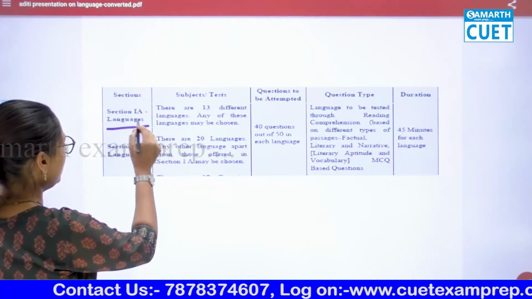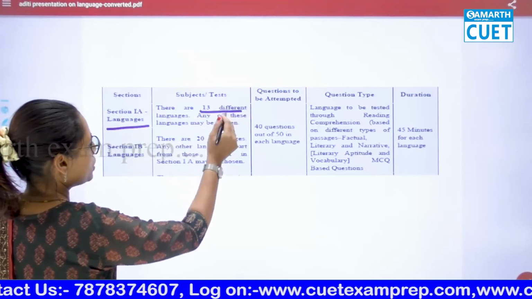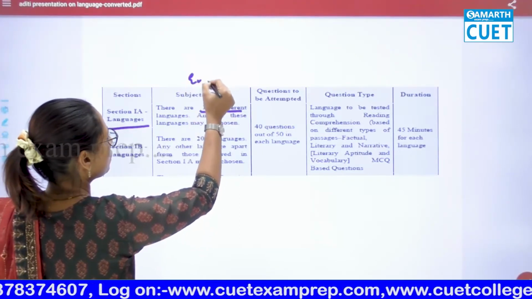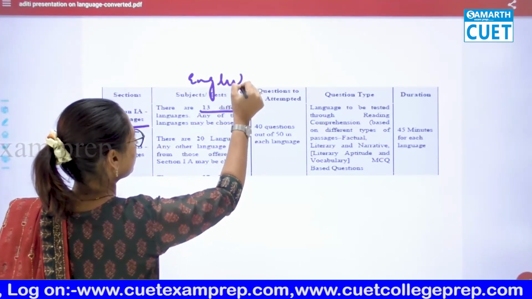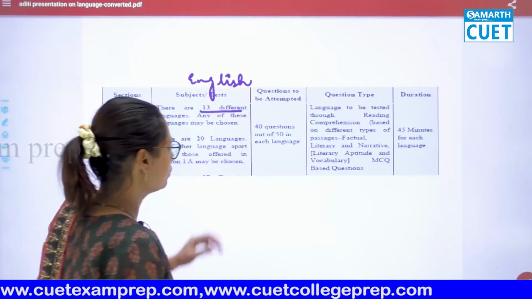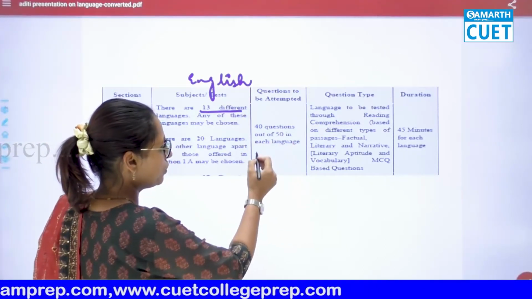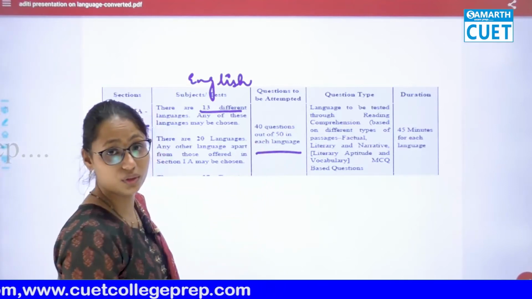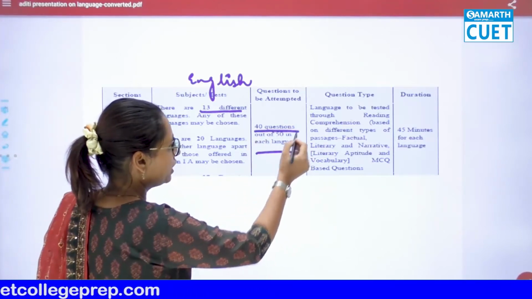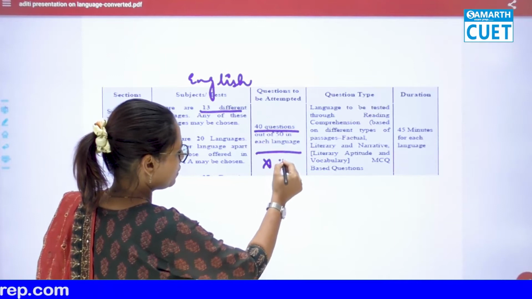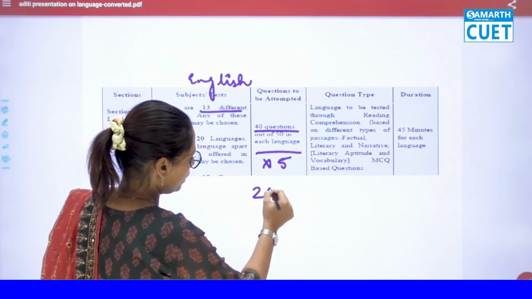In section 1A, out of 13 languages, you have English. There will be 50 questions and you have to attempt 40 questions out of that, and each question holds 5 marks. So in total you have 200 marks.